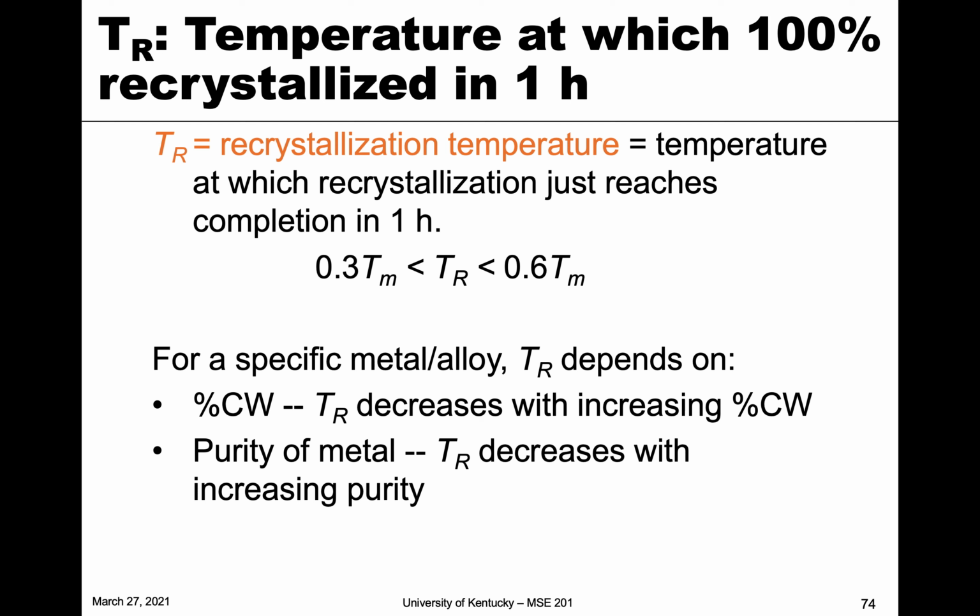The reason it varies so much is because it depends on a couple of factors. Again, the amount of cold work is the driving force. If we have more and more cold work, the recrystallization temperature decreases with that increasing cold work. So you can vary the recrystallization temperature by varying the percent cold work. So it's not a fixed quantity.